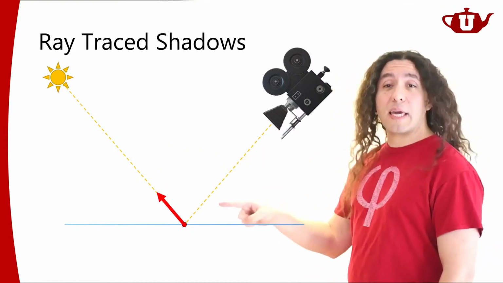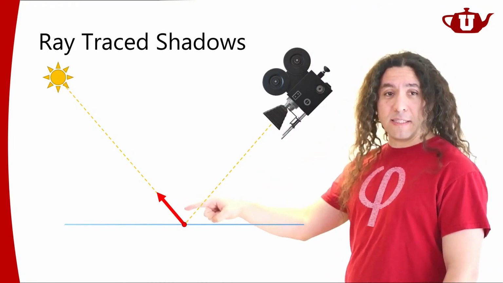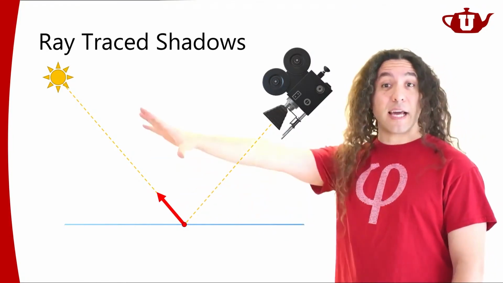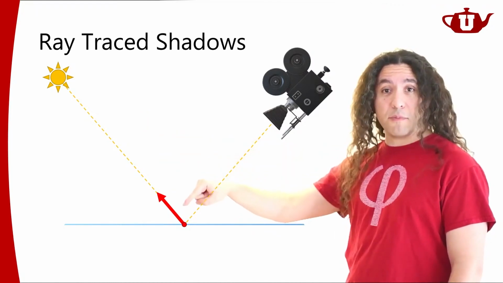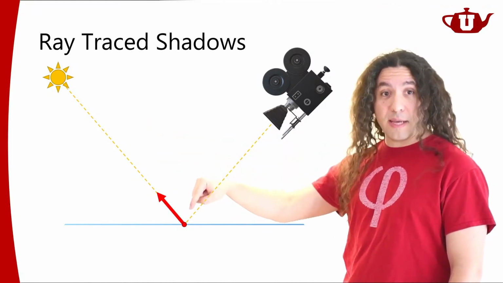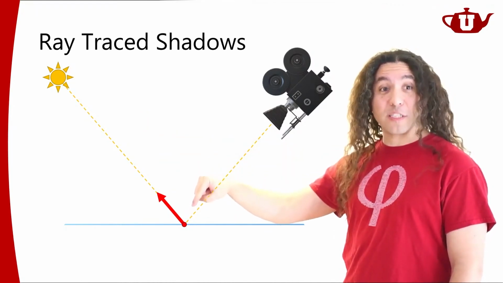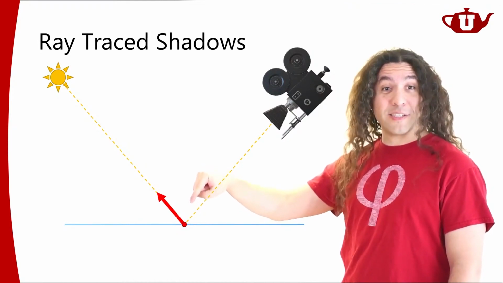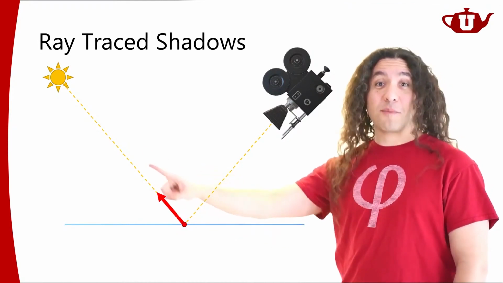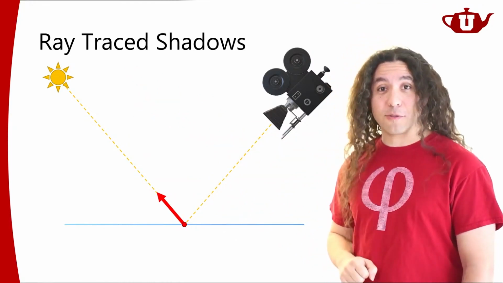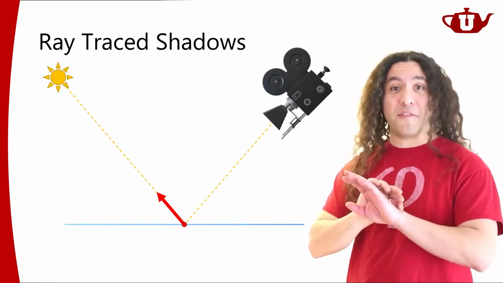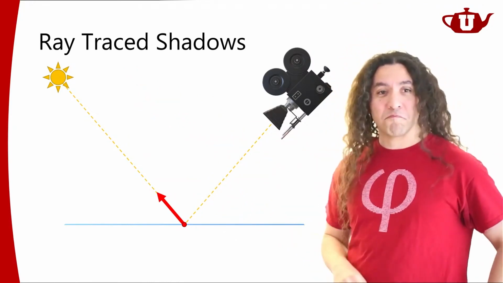So all I'm checking is if this shadow ray hits anything at all. So starting from this point on this surface, I'm tracing my ray until it reaches the light source and check if it hits anything at all.